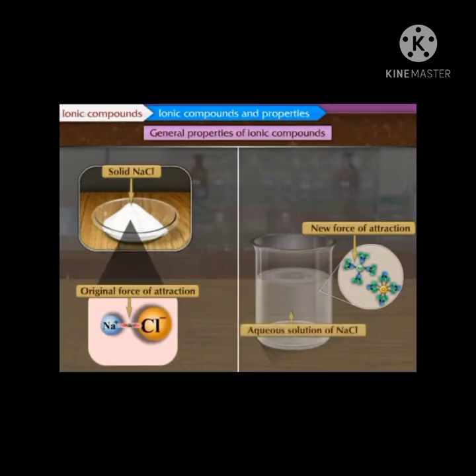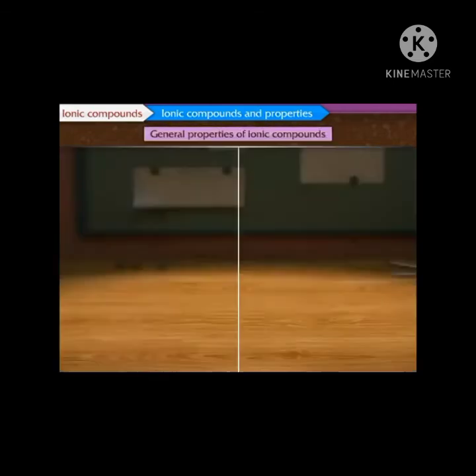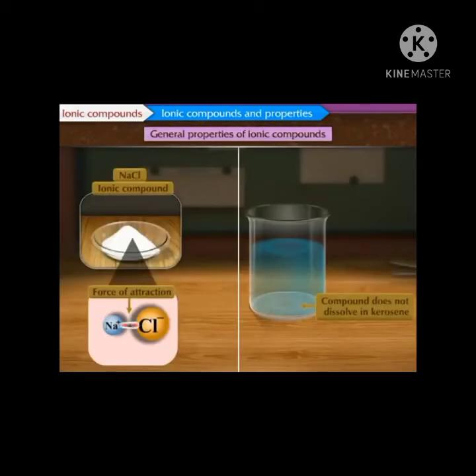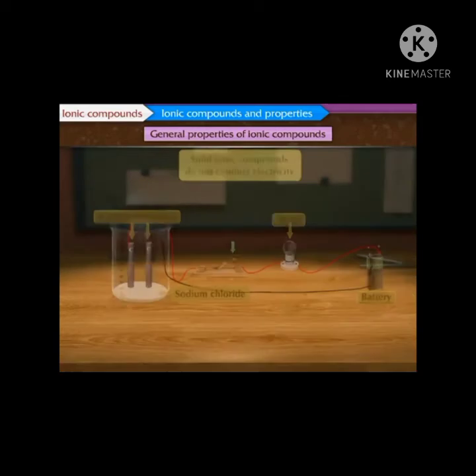This results in the formation of an aqueous solution. When an ionic compound is added to a solvent like kerosene, unlike water, a new attractive force is not established and hence the compound does not dissolve in kerosene.